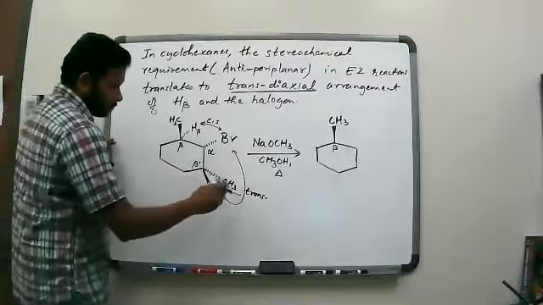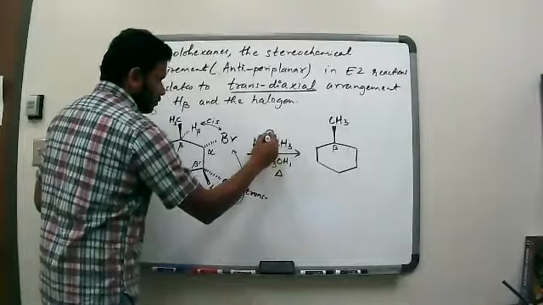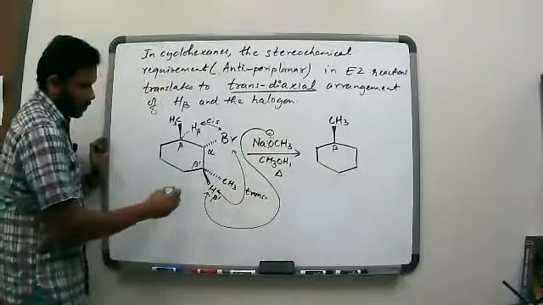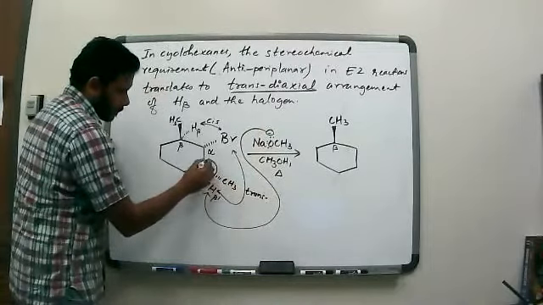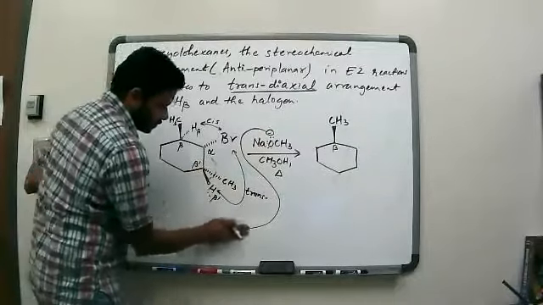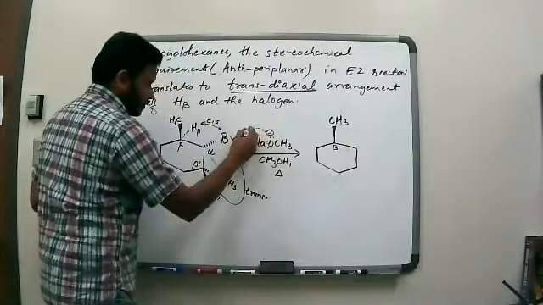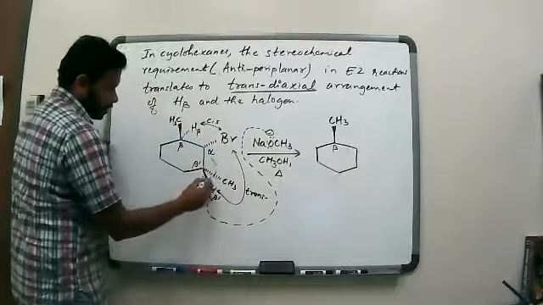So the methoxide is going to come and get H beta prime. Let me use dotted arrows because there are too many arrows right now. I don't want that to be confusion. So this is going to come and get H beta prime.